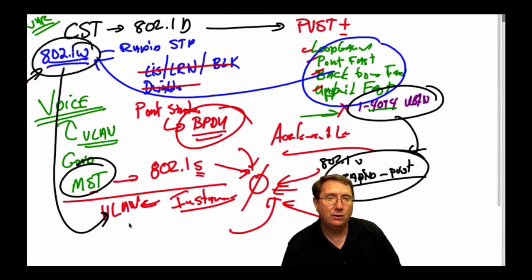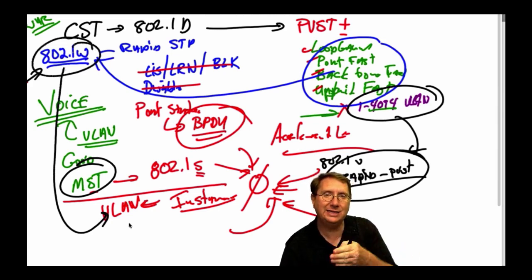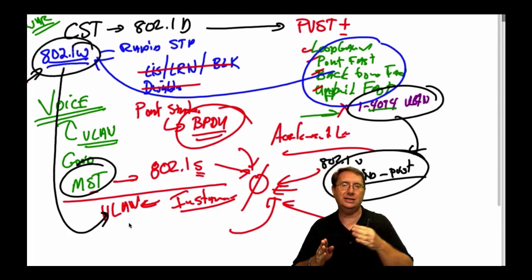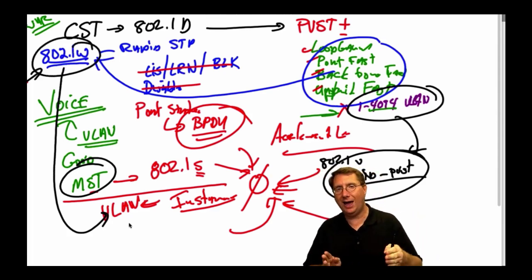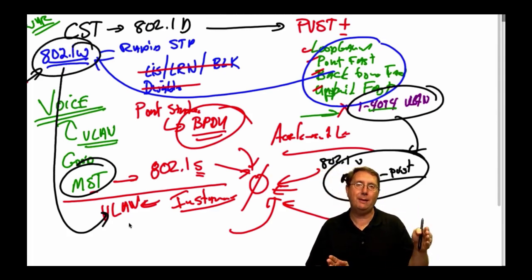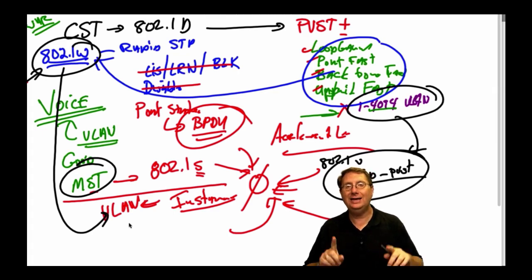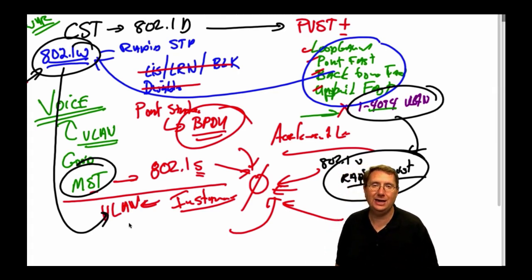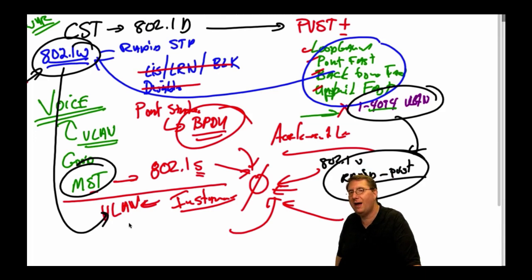So remember, I had MST running, connected to a backwards compatible link running Rapid per-VLAN spanning tree, and instead of saying STP, it had PVST in those parentheses. The parentheses indicate what type of device I'm talking about. If I'm backwards compatible with a PVST device, it's going to say STP. If I'm backwards compatible with Rapid PVST, it's going to say PVST.